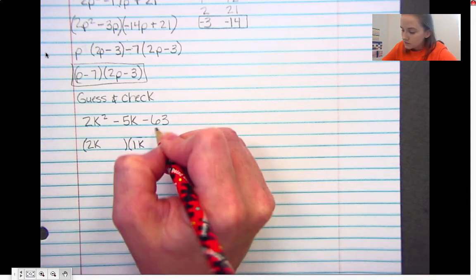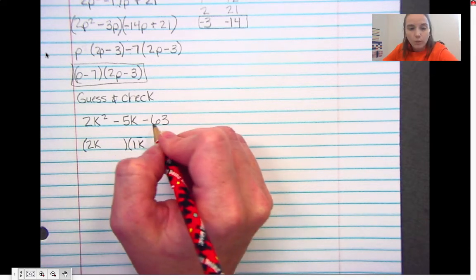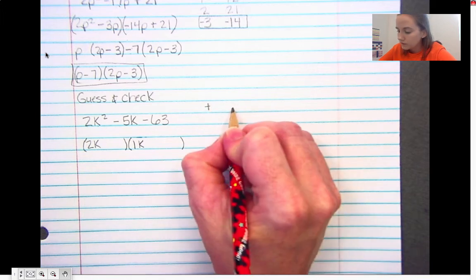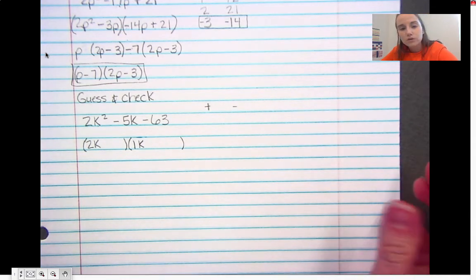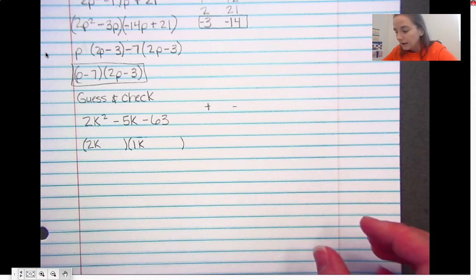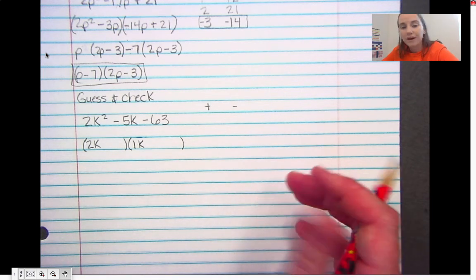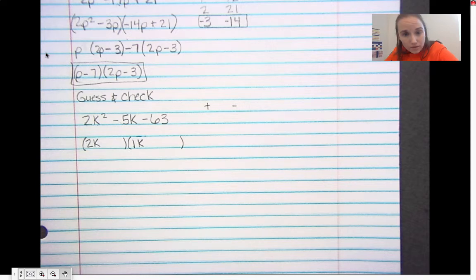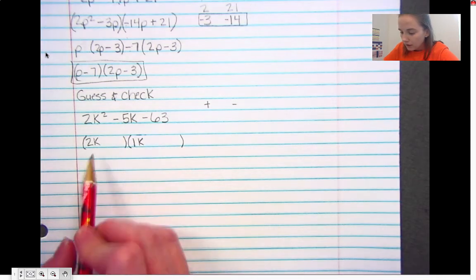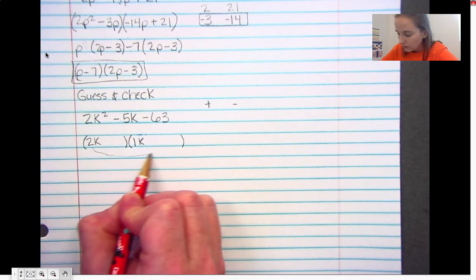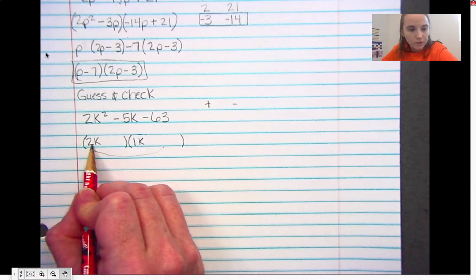Now I need to look at the C term. It is negative, so I know that means I'm going to have one positive and one negative. And whatever 2 numbers I generate, I need to make sure that they combine to give me 5. However, at this moment, just those 2 numbers that I choose will not give me 5 because whenever I pair it up, one of them is going to get multiplied by 2.